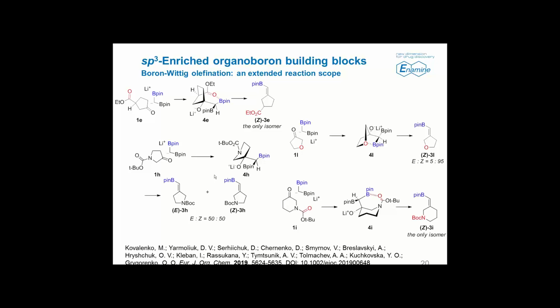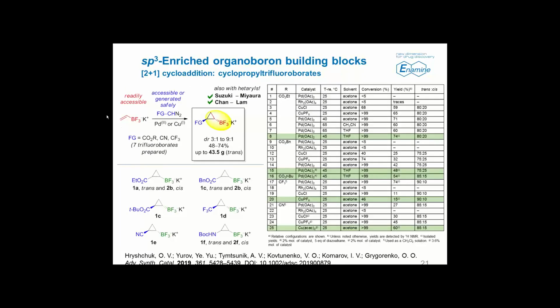So we started using this compound in further transformations, and we became interested in cycloadditions at the double bond of organoboron compounds. We started with the simplest derivative known so far, simply vinyl trifluoroborate, and we have optimized the conditions for a very efficient cycloaddition of carbenoids generated from diazoalkanes, either in palladium or copper catalyzed reactions.